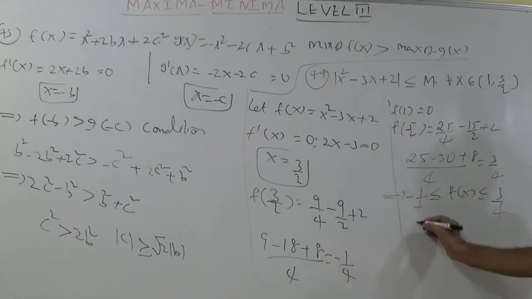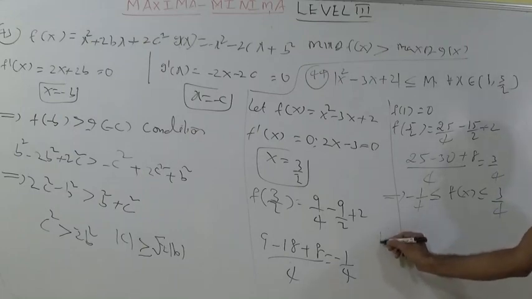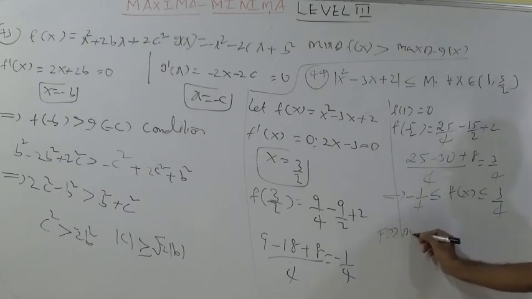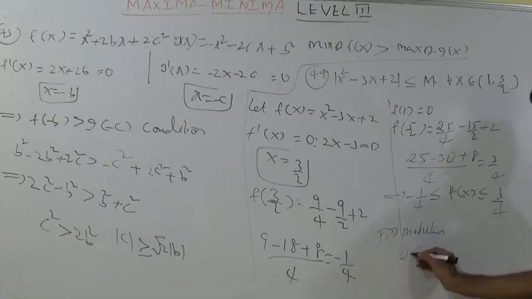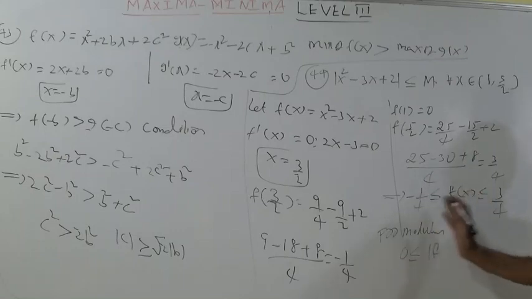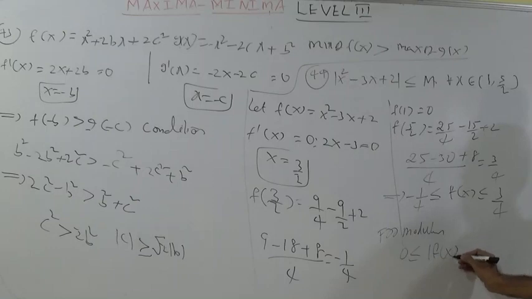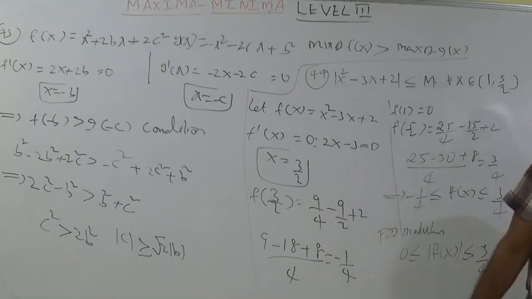Now for the modulus, you should not write minus 1 by 4 for the mod; the minimum is 0, because 0 is greater than minus 1 by 4. Like this you should write: 0 less than or equal to mod f of x less than or equal to 3 by 4.